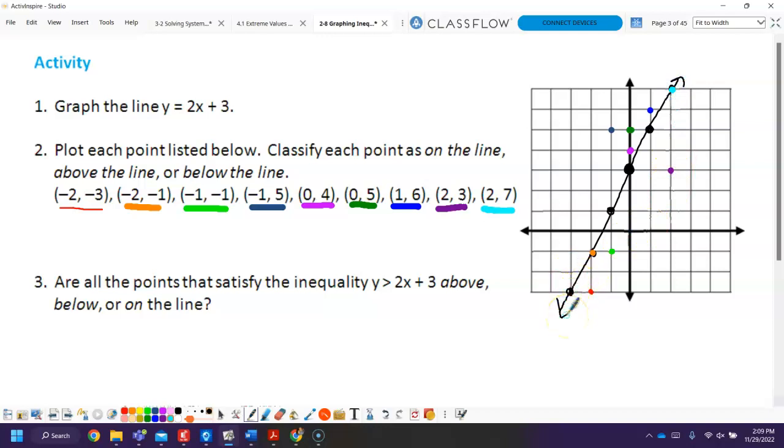So then what we've got to do is talk about each of those points we just plotted and where they lie on the graph with respect to the line y equals 2x plus 3. So you want to identify each of those points as above, below, or on the line.